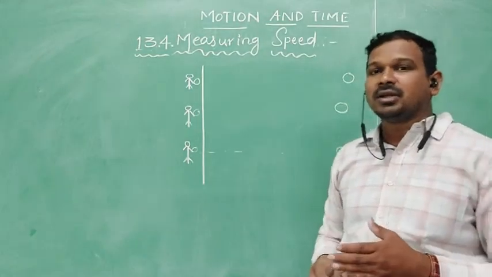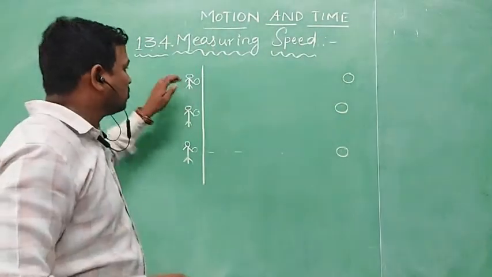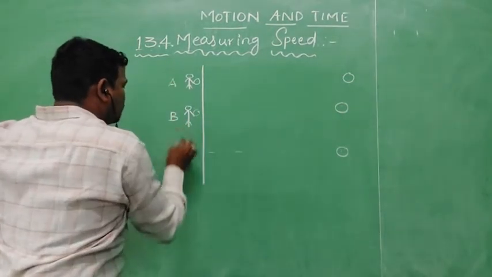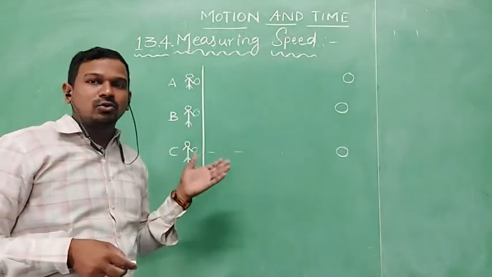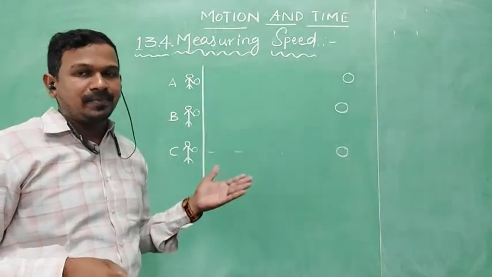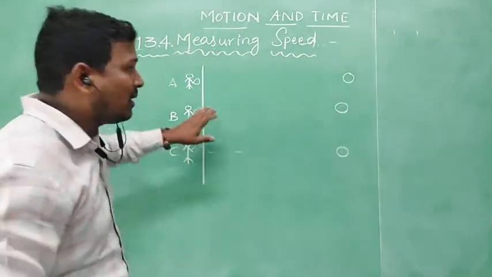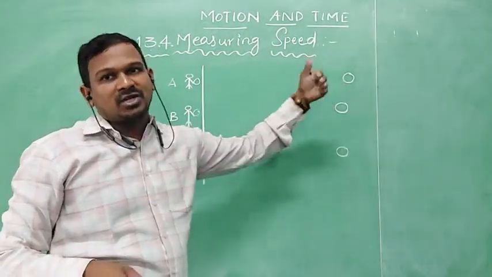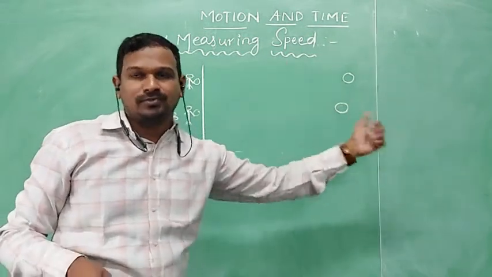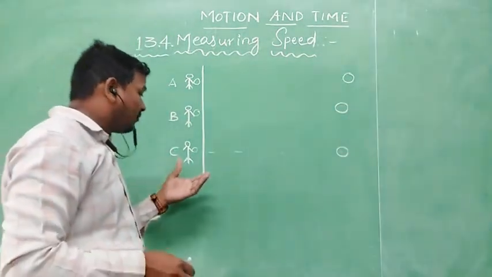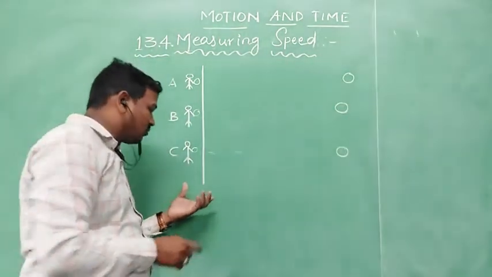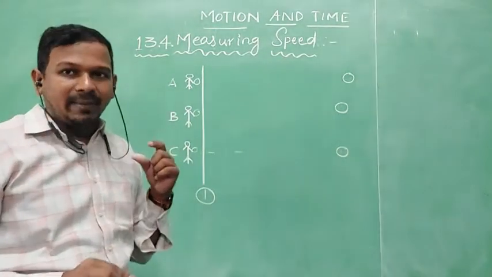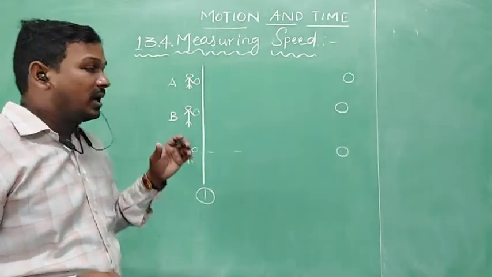Here once again, I gave the balls to three groups: Group A, Group B, Group C. I asked them to throw the ball with some speed or with some force. What will happen? The ball will roll, and it will stop after some time, after some distance.